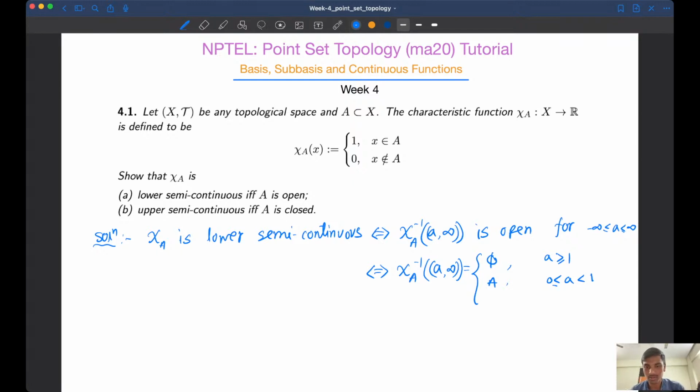Otherwise, if a is less than 0, then it is all of X. X and phi are always included in the topology, so they are always open as well as closed. So the only thing we need to check is whether A is open, so this holds if and only if A is open.